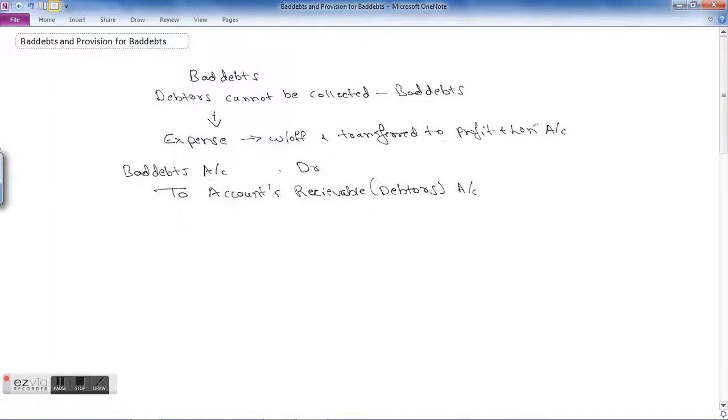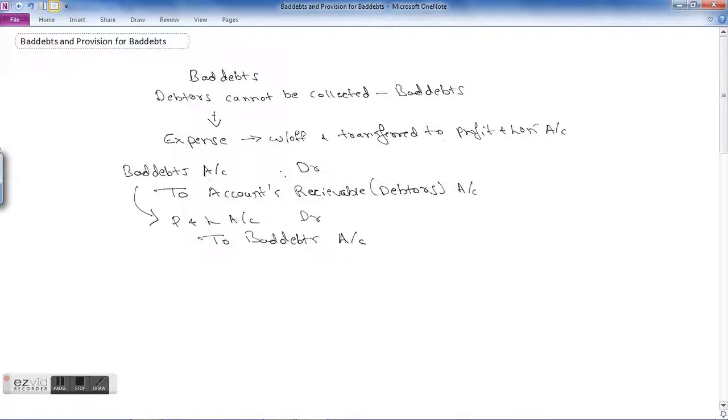At the year end this amount of bad debts will be transferred to the profit and loss account. For the transfer, the entry will be profit and loss account debit to bad debts account.